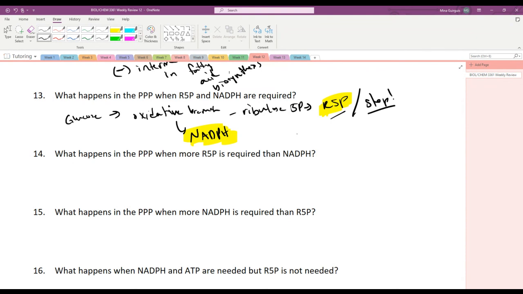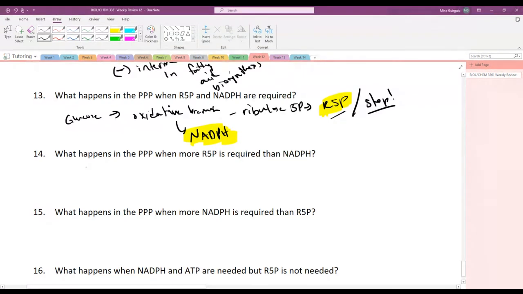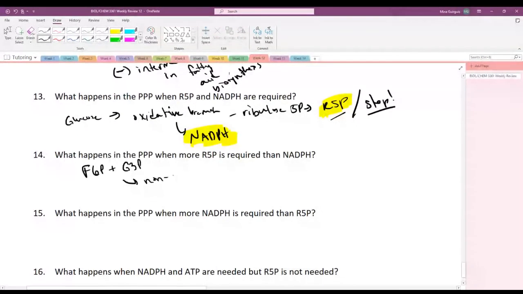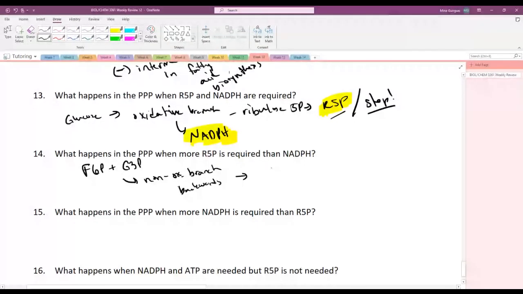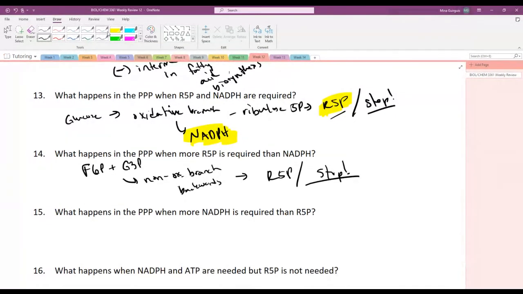Now, what about if you need more of one of these than the other? So this is basically saying, let's just make as much of each as we can in number 13. Number 14 is saying, what if you don't really need NADPH that much, okay? And the answer is, you take fructose 6-phosphate and glyceraldehyde 3-phosphate, and you do the non-oxidative branch, which I'm going to start abbreviating now, backwards, to get to R5P, and once again, stop, okay?